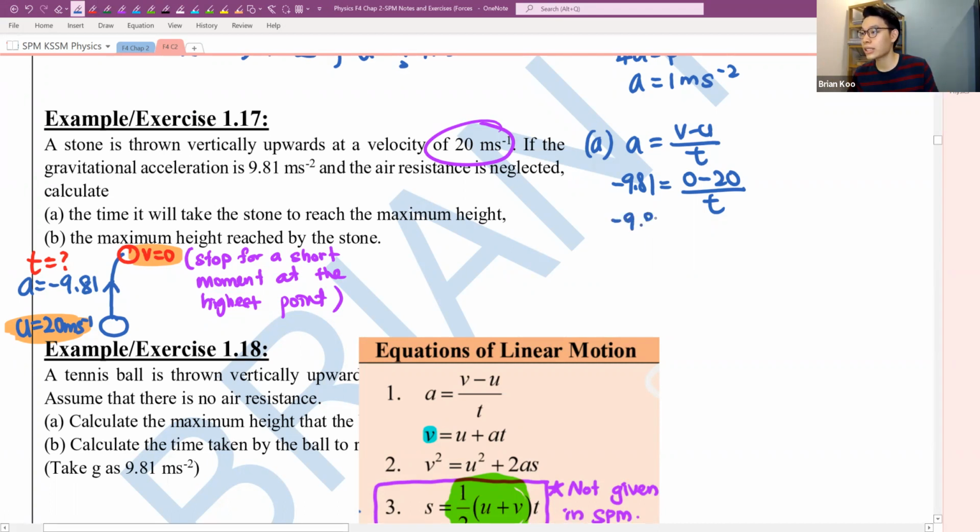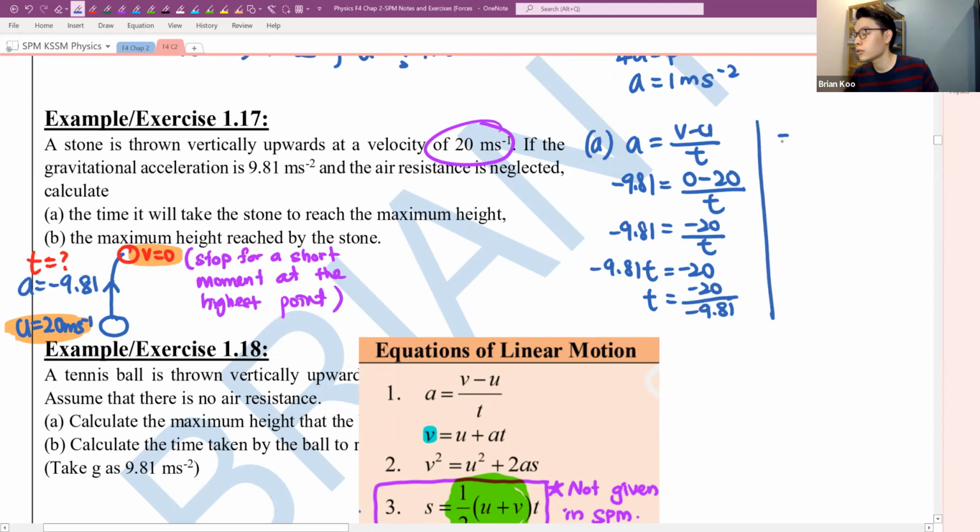Everybody okay? I know this throw stone up question is usually a question that some students have trouble with. Maybe I simplify this first. I times the T go up. Those of you who can do it fast, straight away jump to the answer, no problem. I'm just afraid some of you here might have a problem with this.